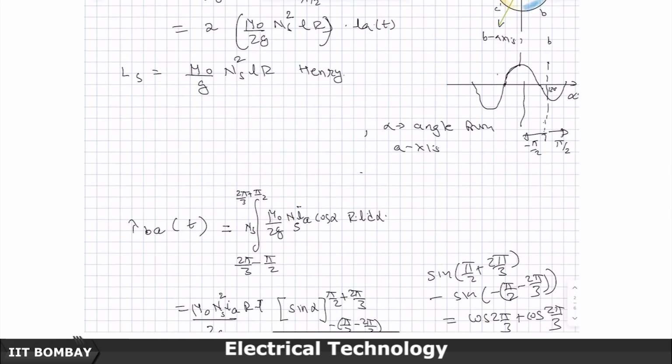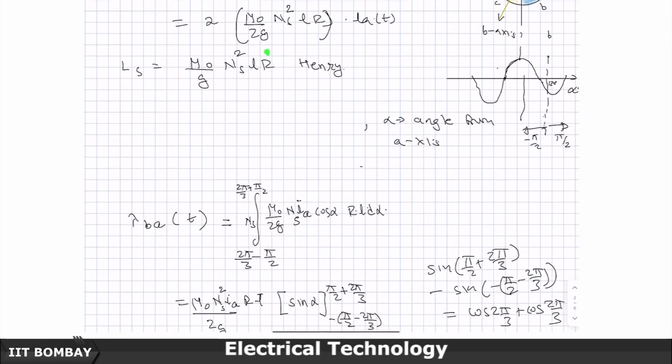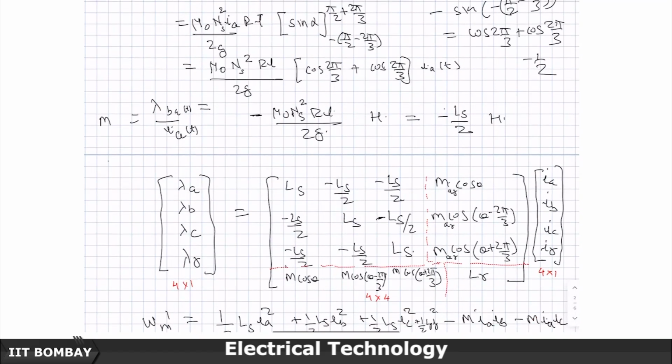Now, what was the self inductance? Self inductance was mu 0 Ns square R L by g, and here it is mu 0 Ns square R L by 2g with a minus sign.